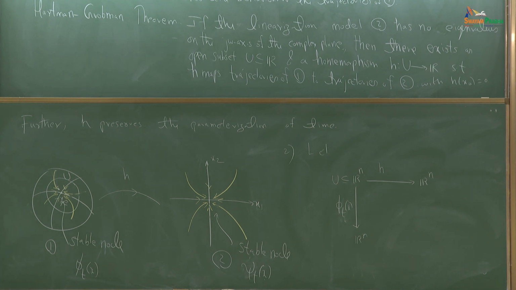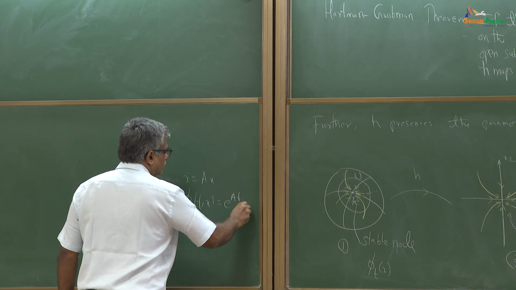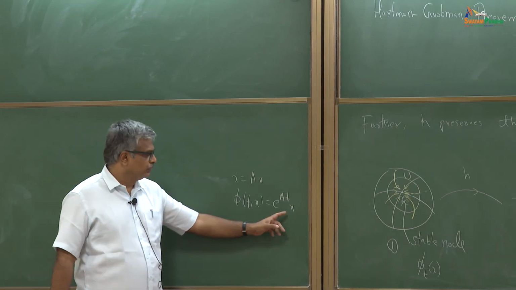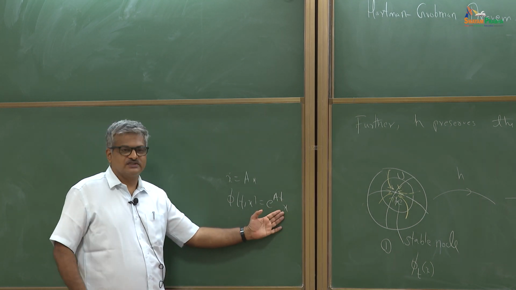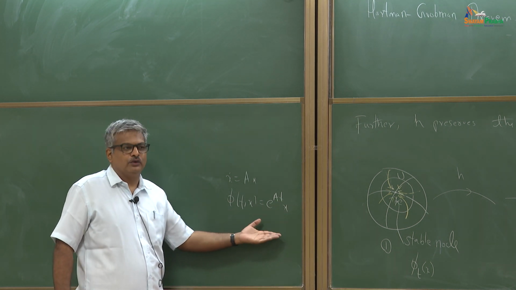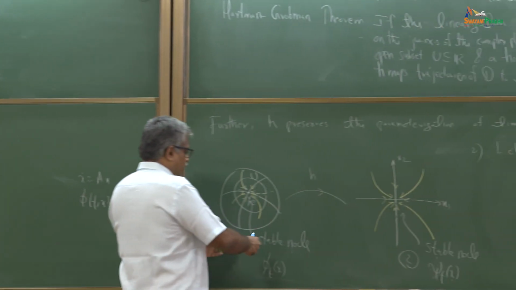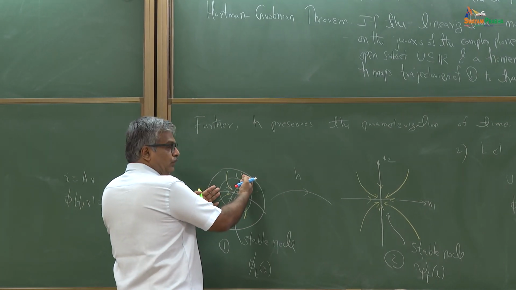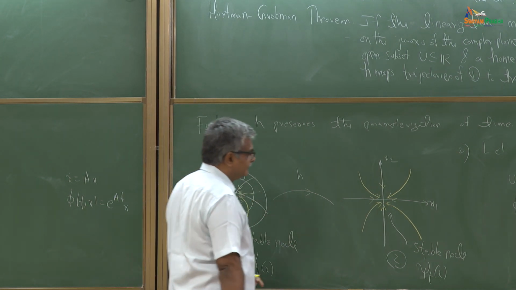If you want to have an example in mind, the best example is for the linear system, right? The flow we wrote. You are already familiar with this. You give an initial condition and you supply some time t. You want to know after 10 seconds where does the state go. You use this formula, right? You have an explicit expression for the flow here, right? So this flow will take you from U to, again, points in this U itself, right?